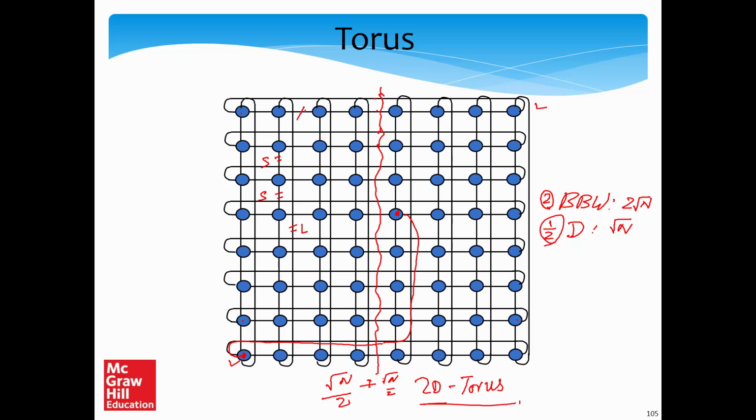Similarly, here also the links are short, but this link is actually long. It is root n times longer. And this is a problem. This is an imbalance. So this basically means that if a message takes one cycle to go from here to here, it might not take one cycle to go from here to here because the propagation delay is much more.